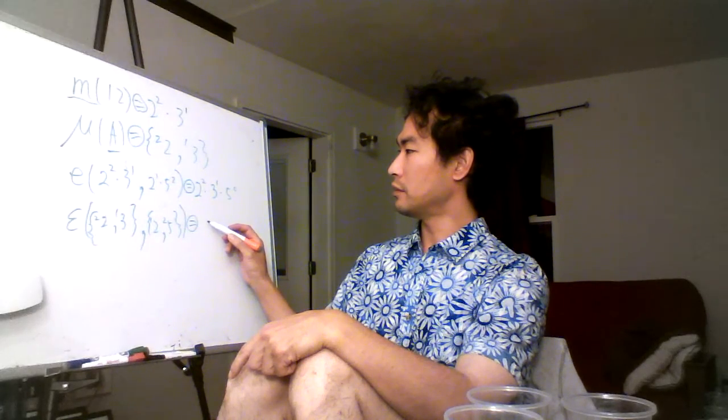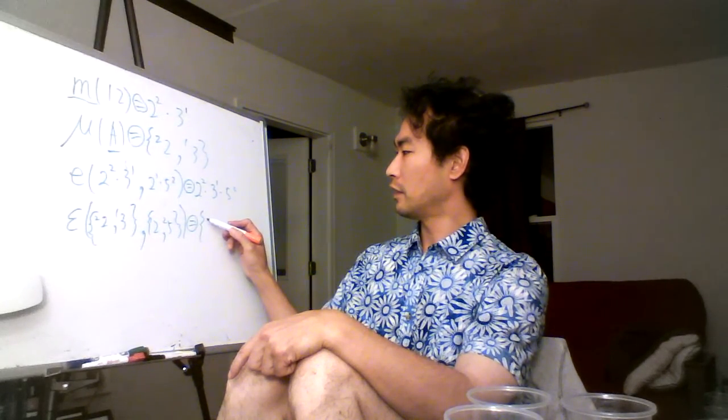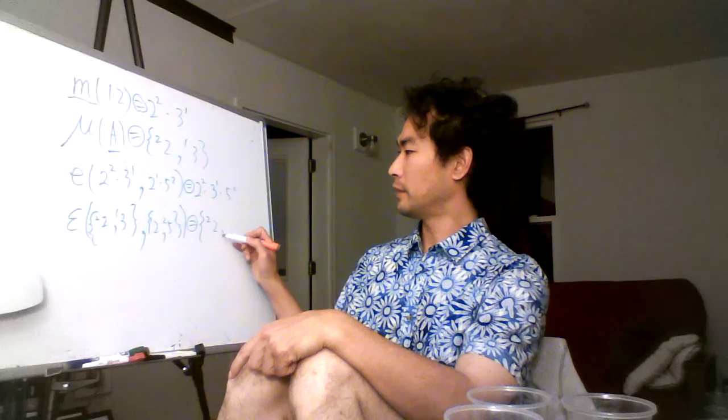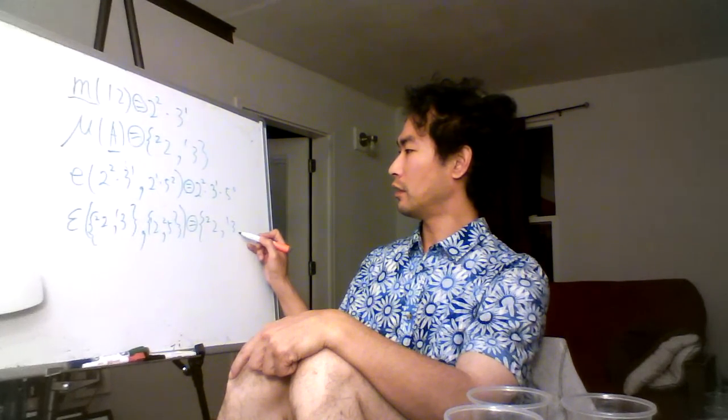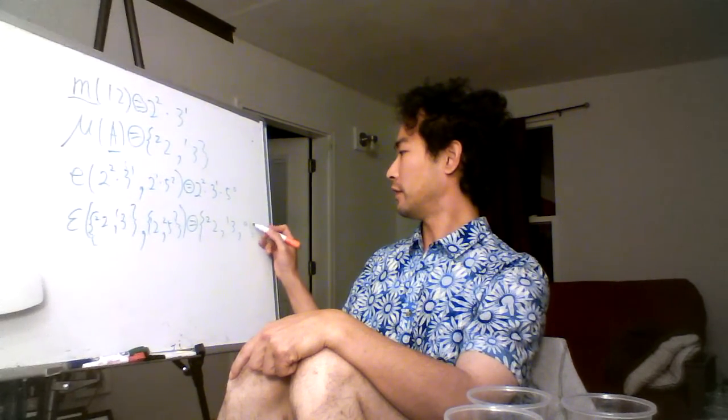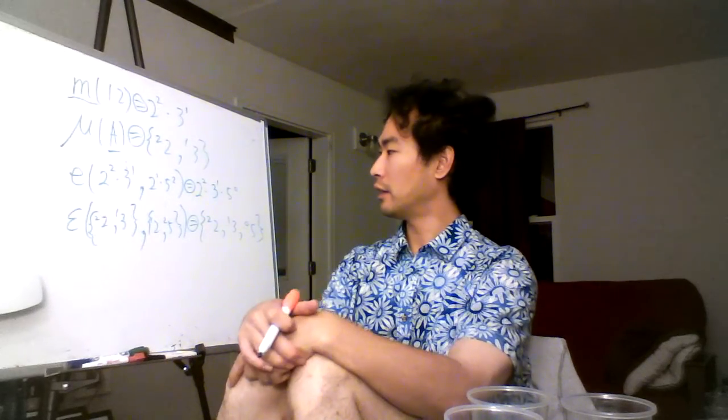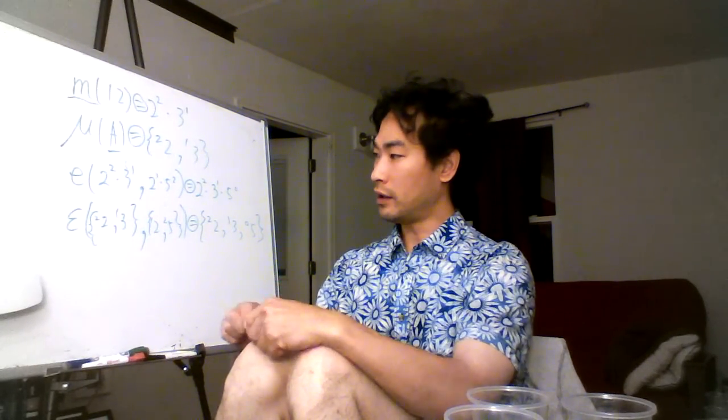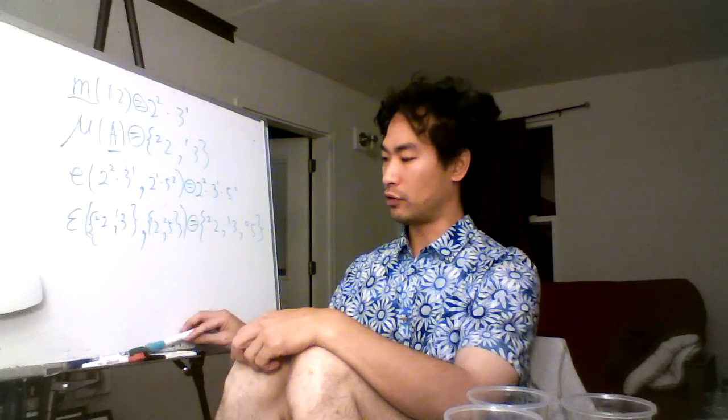This is same as 2 twos, 1 three, and 0 fives. Okay. Yeah, we have to do this. Why? Otherwise, it gets way too confusing when we deal with the generalization, the proof of general case.